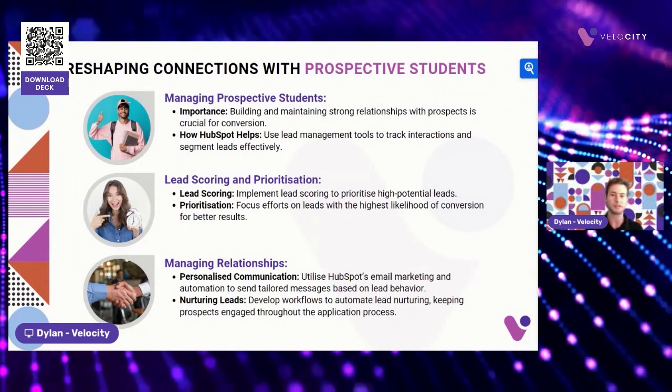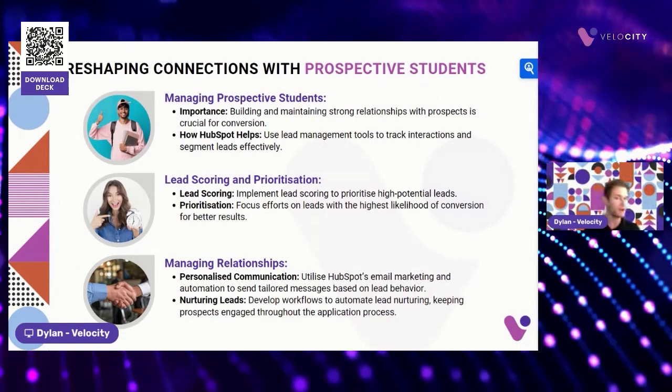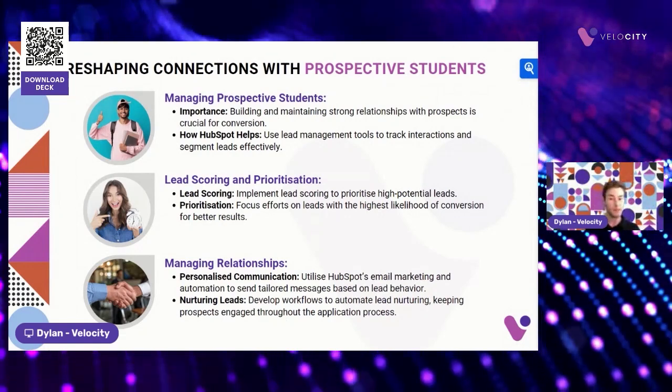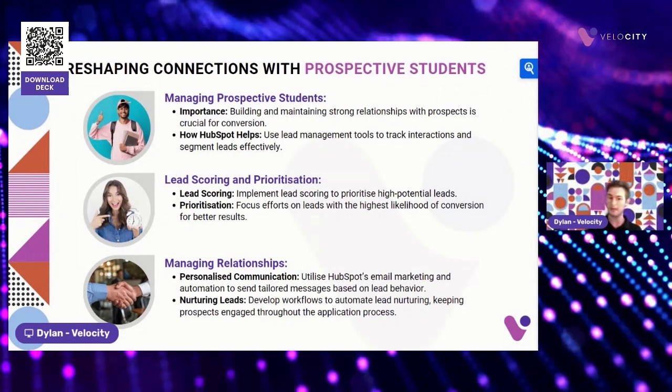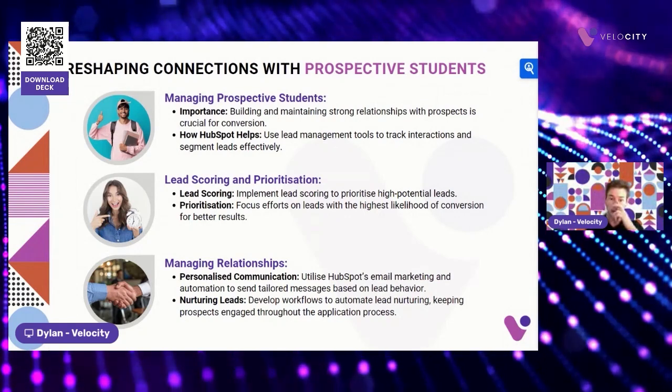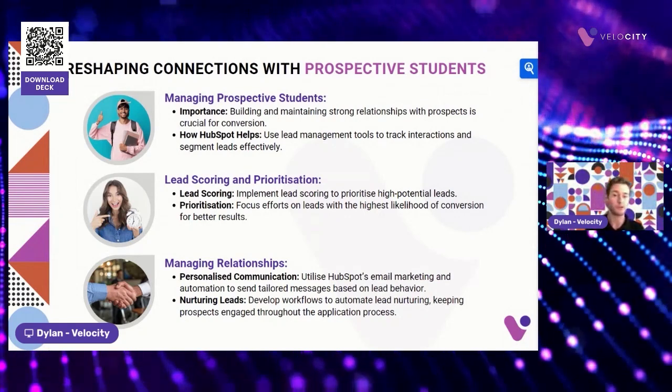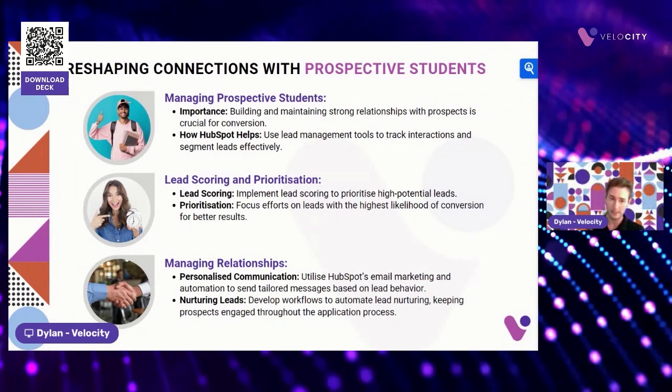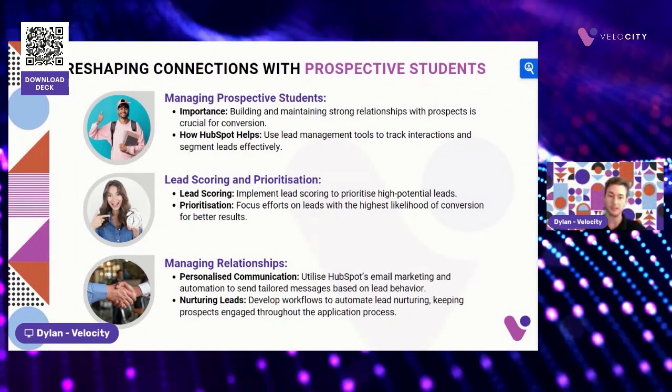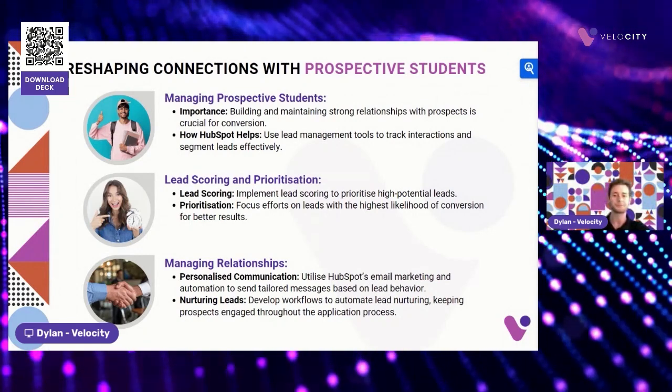HubSpot's lead scoring system can track and score leads based on interactions, whether with emails, websites, social media, etc. This means you can focus on nurturing high-potential leads who've shown a strong interest in your programs.